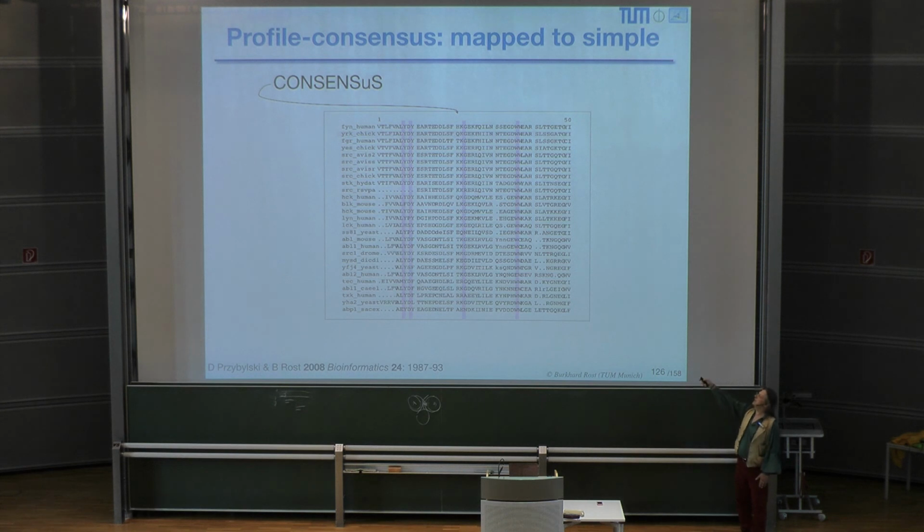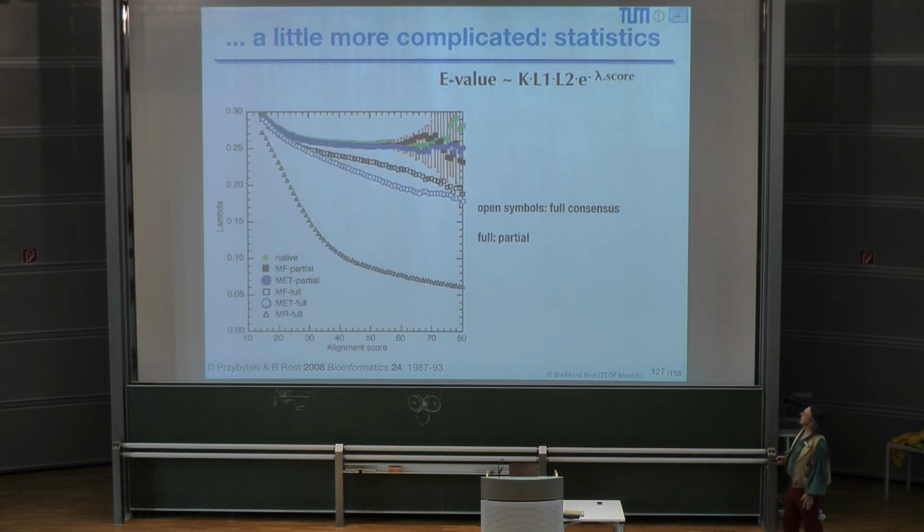Now I can do the same thing on a different level. I can do consensus against a profile. Doing consensus against a profile is almost like profile against profile, but it's much cheaper, because my consensus sequence is just a sequence. Now I align it against a profile, and I can do that with PSI-BLAST. I can use the program that I described to you, do the same thing, and have a cheap consensus profile alignment that uses an existing program.